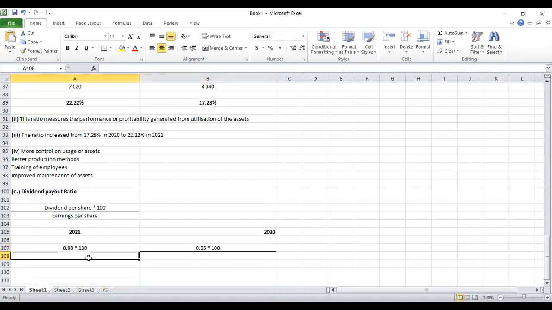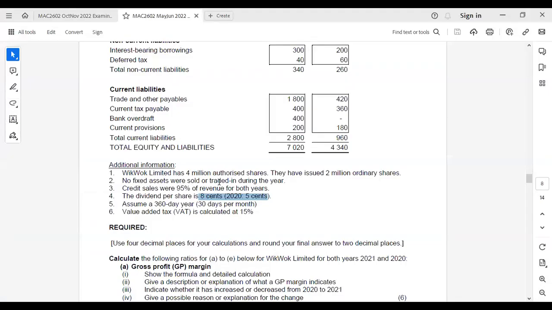Then our earnings. Right. Our earnings will then take the profit that we have, then we divide by the number of shares, which is 2 million.